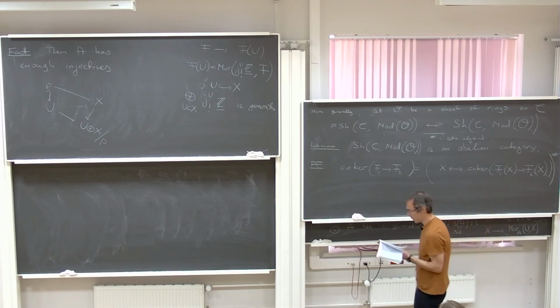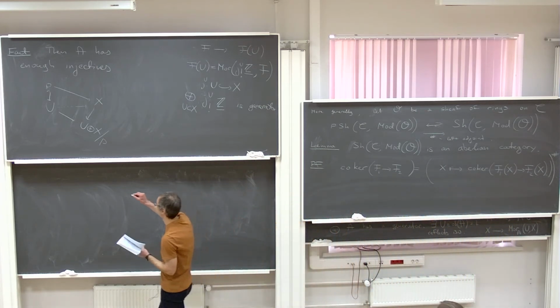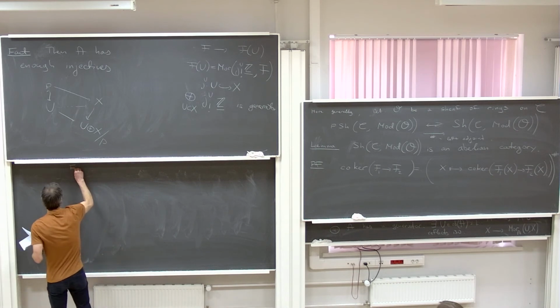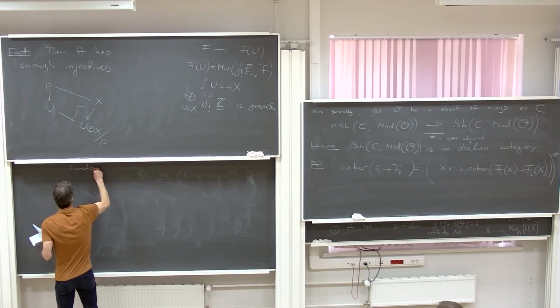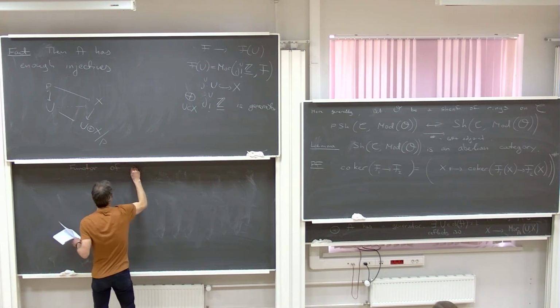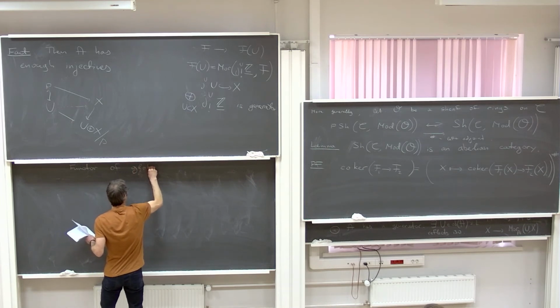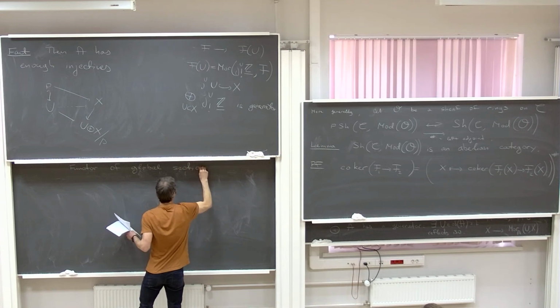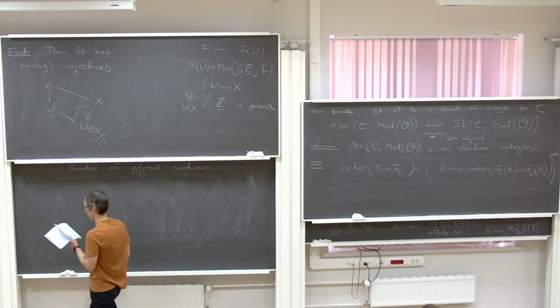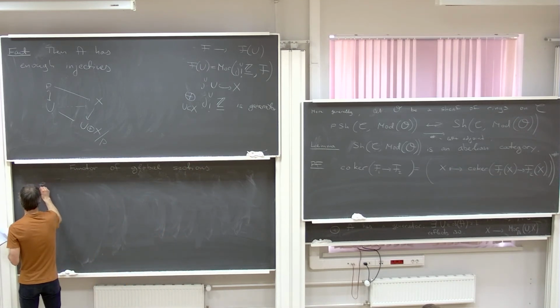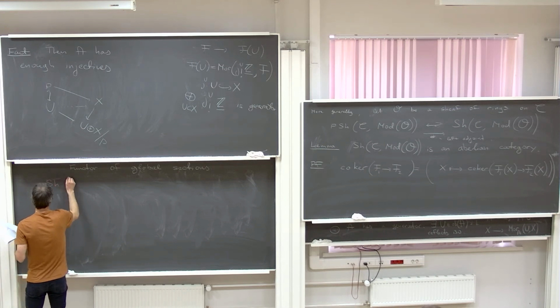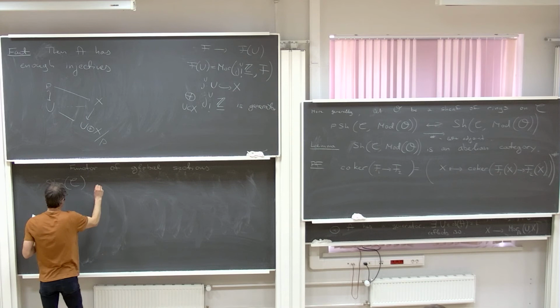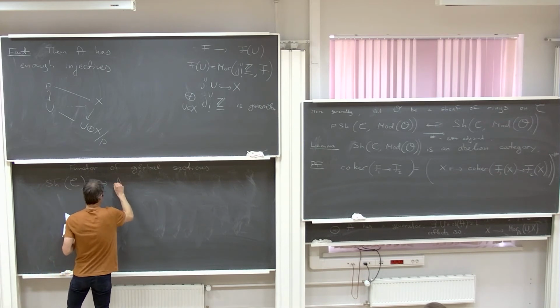That's a good example. So now, what is a global section? Global sections. How do you define it? We need a functor from the category of sheaves on C to the category of abelian groups.